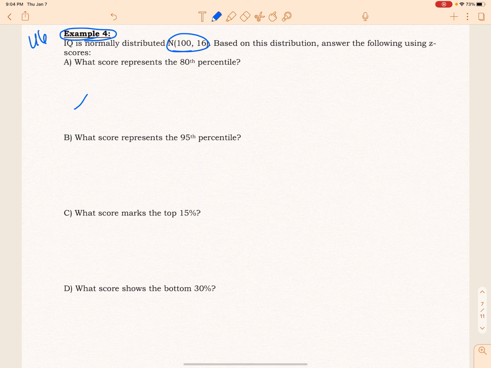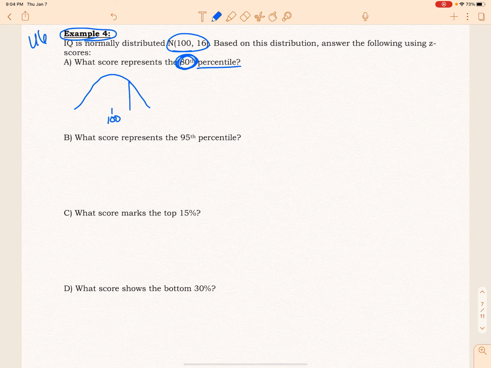So I'm always going to draw a picture for these. So I'm going to put my center all the time. All right, 80th percentile. When you see the word percentile, you are shading to the left. In this case, you are shading 80% to the left of a value. Well, it should register in your head that 80% is by far more than half of the graph.